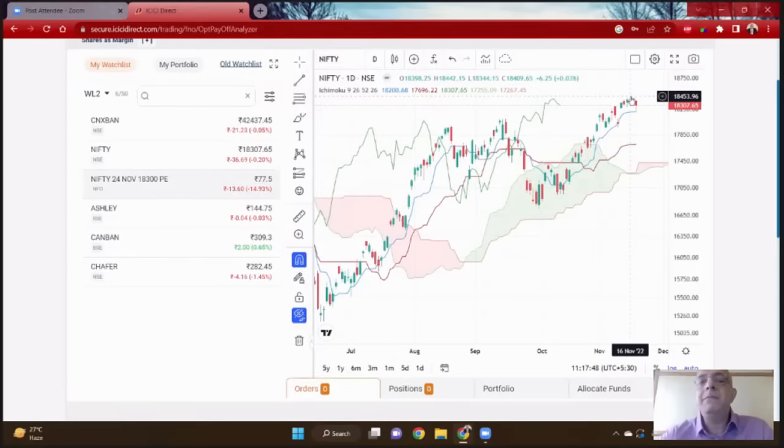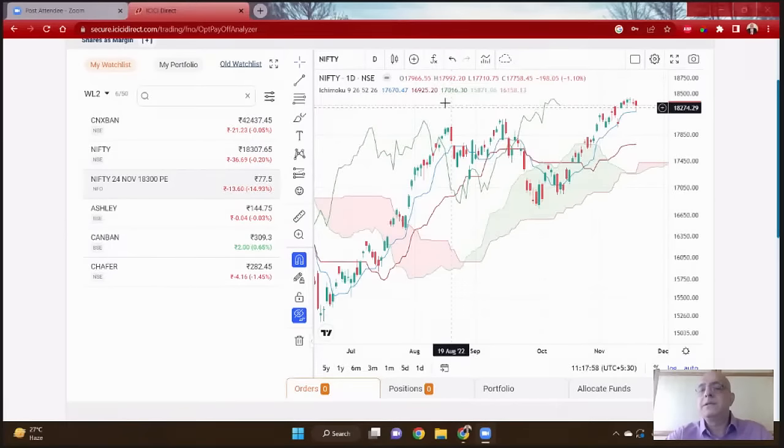It would only be impacted if we see 18,450 taken out on a closing basis. Simple as that. As a Nifty index trader, short term, that is a couple of days, I would look for rises to buy puts or to sell calls or to go short in the market, and accordingly turn till 18,000, 17,800.